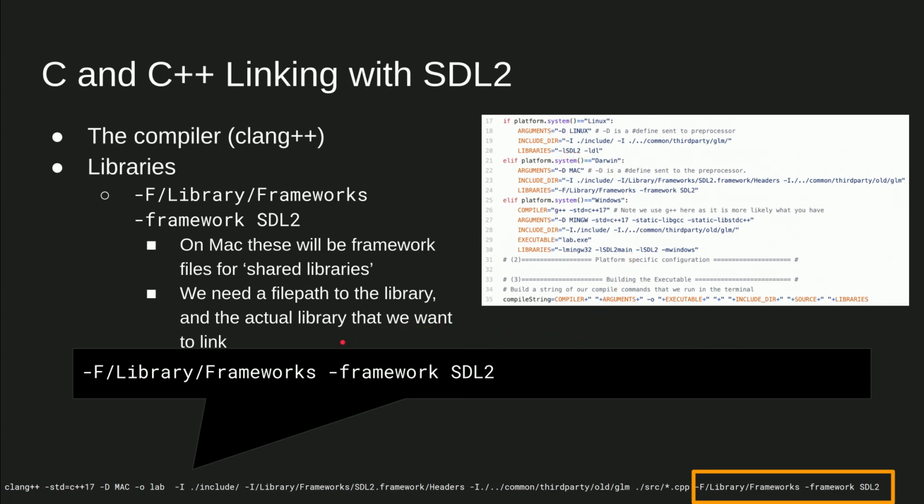So oftentimes, if you can't find a library, you can try this path here. And you can try the absolute file path first to see if that works, and then try to figure out how to get the relative file path to work. So again, absolute file path just means the full file path, the whole location here. And the relative one, remember, is relative to where the executable is.